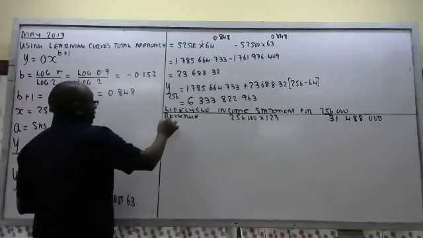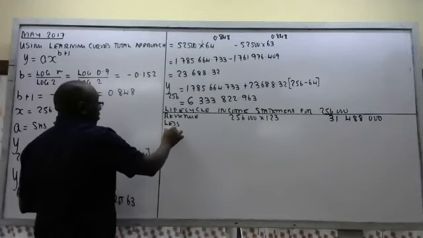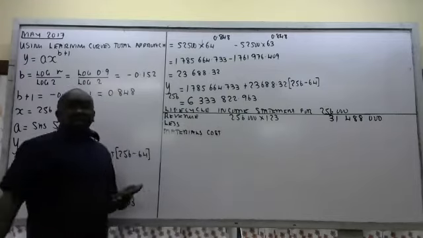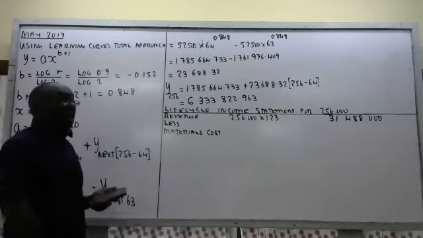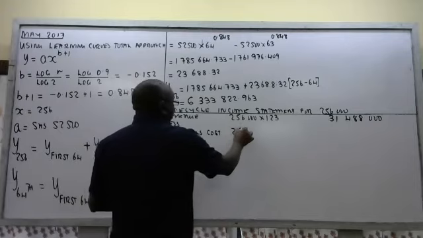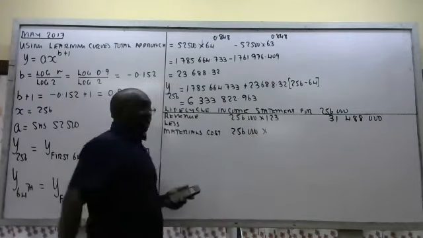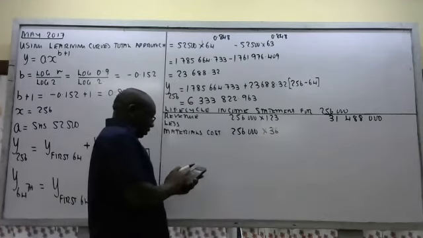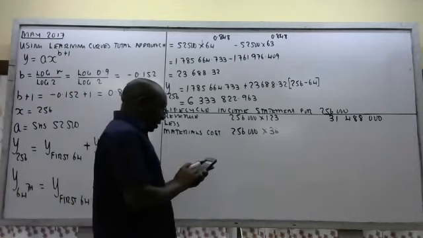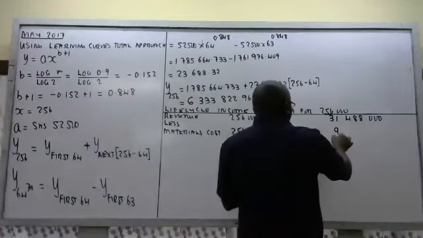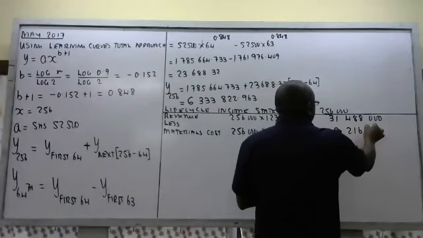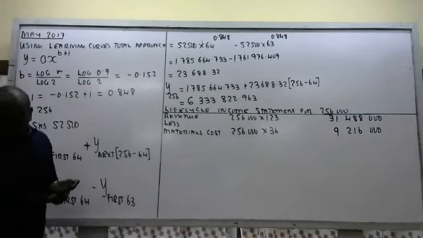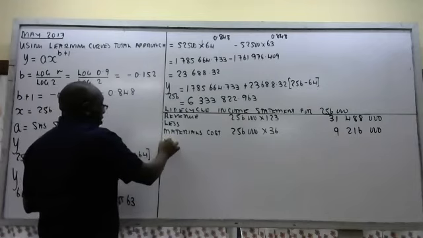Then you less materials cost. Material is also given per unit, so you need to say 256,000 times 36, which is 9,216,000. Then we have labor costs.